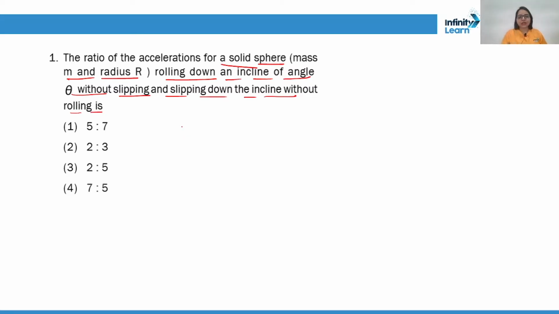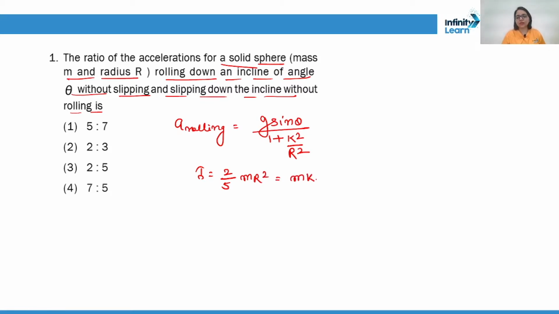So in the first case, acceleration for the rolling body is g sine theta upon 1 plus k square upon r square, right? For a solid sphere, moment of inertia is 2 by 5 mr square, and this equals mk square. So k square upon r square for a solid sphere is equal to 2 by 5.